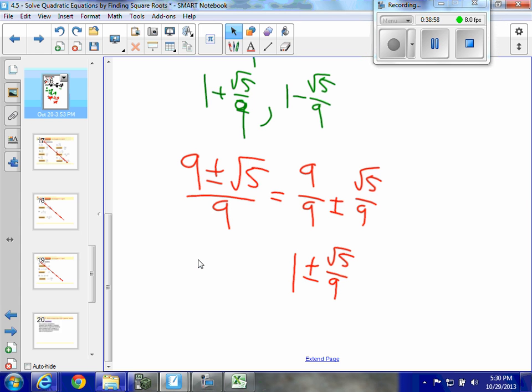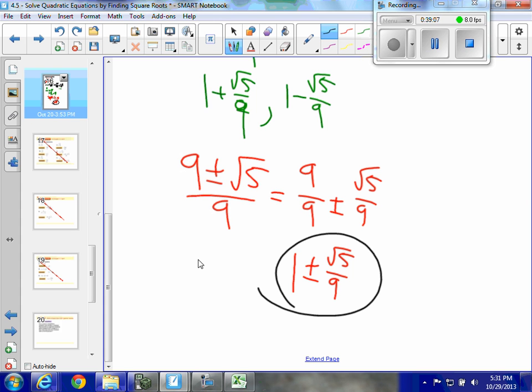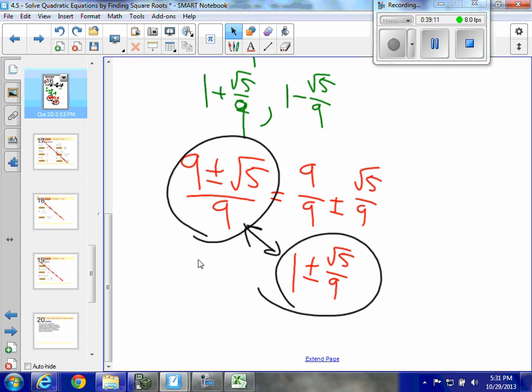So don't get freaked out if you look at the answers in the back of the worksheet and they come out a little bit different than yours. Look for things like this where really it's saying the exact same thing. I'm not going to take off if you write it like this as opposed to that. I will take off if you don't rationalize the denominator. No radical signs in the denominator.